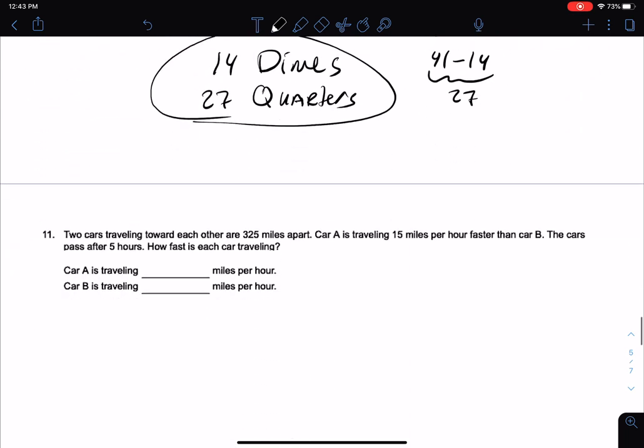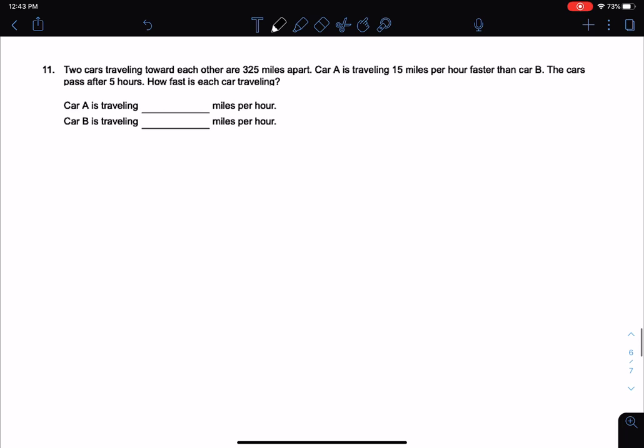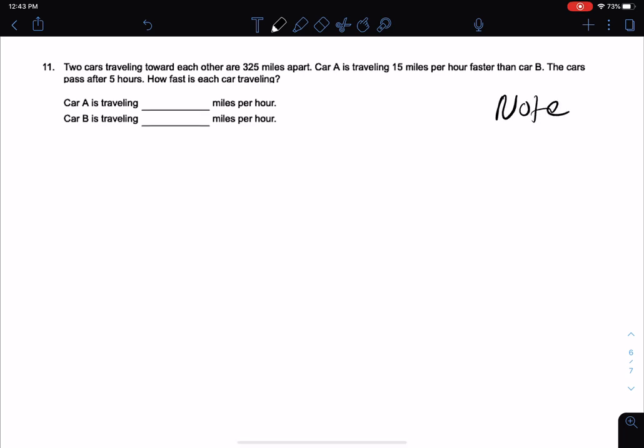Okay, two more problems. The next two problems are called linear motion. And with linear motion, you're going to need to know, I'm going to use some color coordination, that rate times time equals distance.